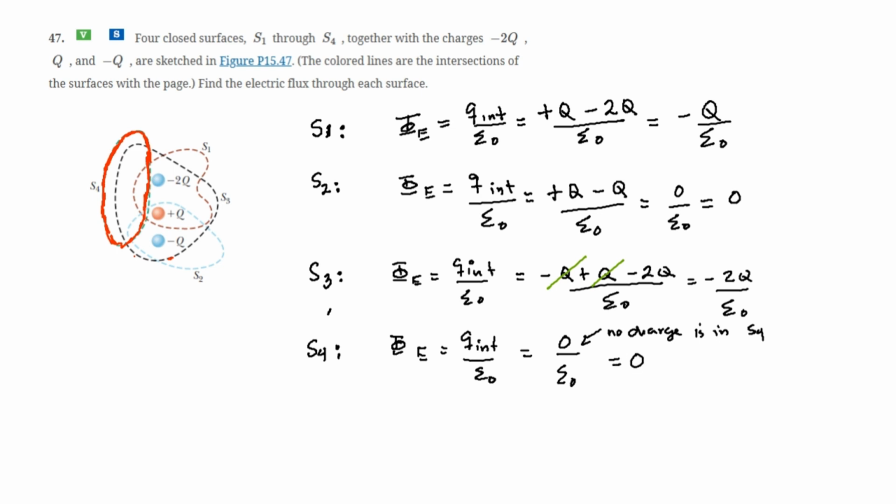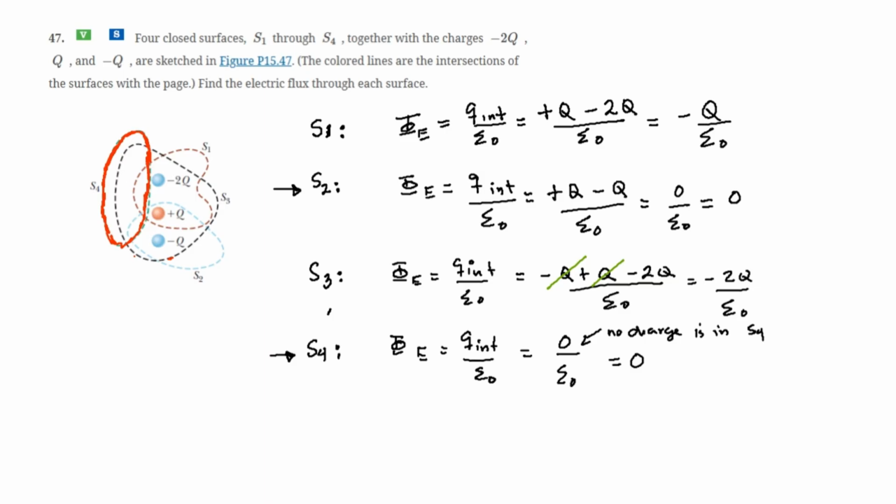There is a difference between the electric flux equal to 0 in case 2 versus the electric flux equal to 0 in case 4. In the second case, for the surface S sub 2, the electric flux was 0 because we have two charges with opposite signs, plus Q and minus Q, and they cancel each other.